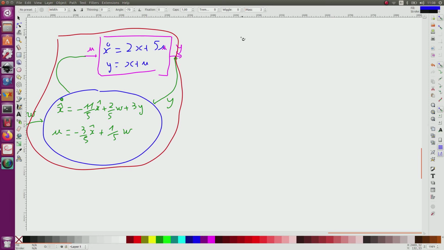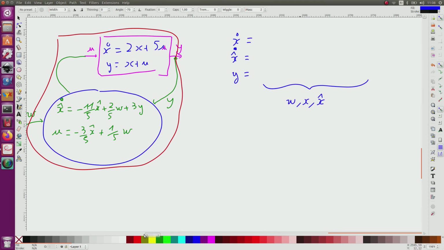As a consequence, I should write x dot, x hat dot equal, and also the output y equal, and here I am only allowed to put the inputs, so w, and the state variable x hat.